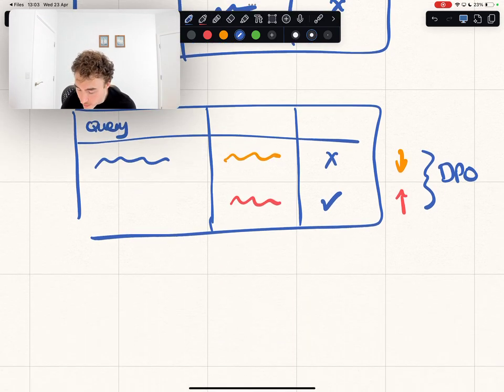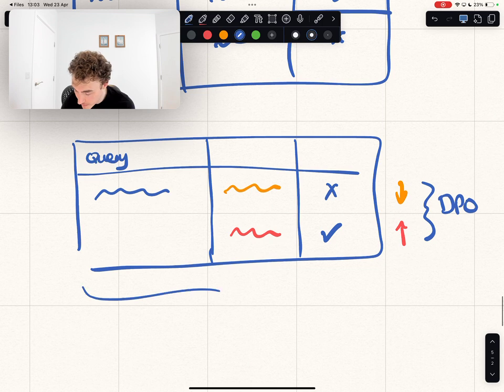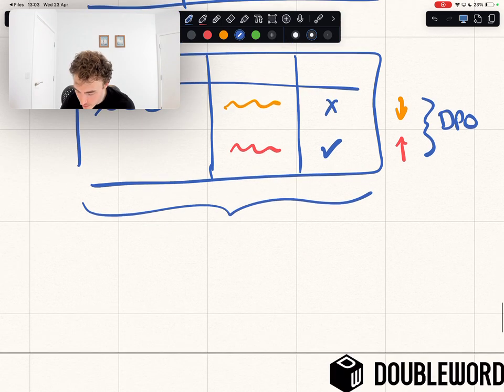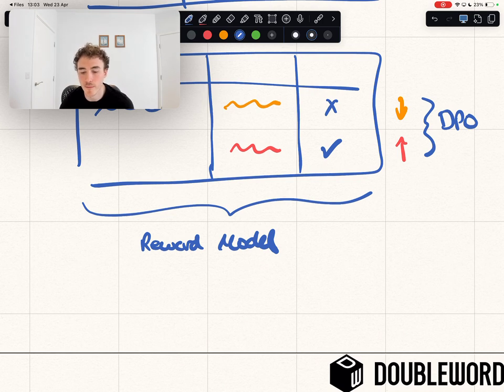And then finally, I can take this data set alongside other types of rewards, like verifiable rewards, rewarding for tool use or rewarding for correct answers in something like maths. I could take this and train a reward model which has an understanding of what makes good responses and what makes bad responses, and then use reinforcement learning to improve the model's outputs against this reward model.